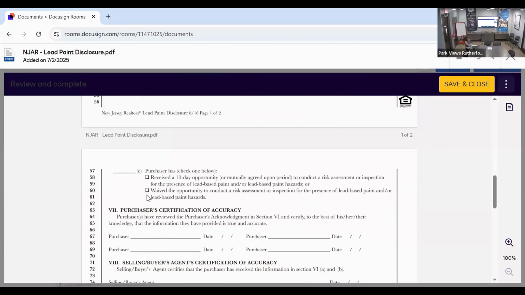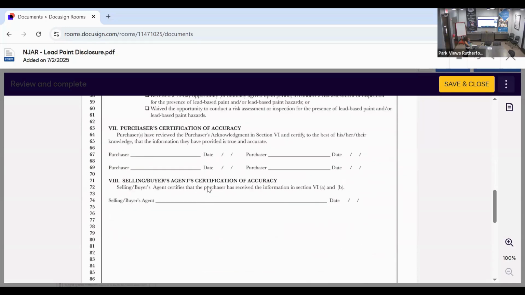And again, on C, the buyer needs to check off one of these two boxes, whether the buyer is taking the 10-day period to inspect for lead paint or waiving the opportunity. Personally, I always check off the box that they're taking the 10-day period because they still have it. It's written into the contract anyway. Whether they inspect for it or not is up to them, but I don't take that opportunity away from them. You never know. And again, make sure everything is initialed.